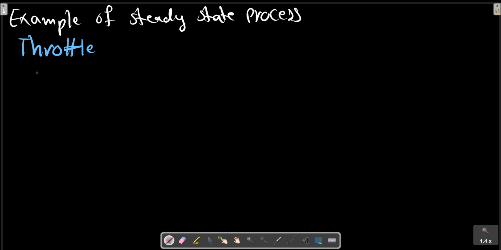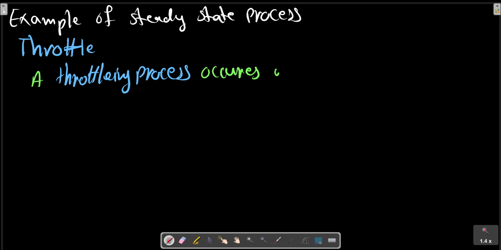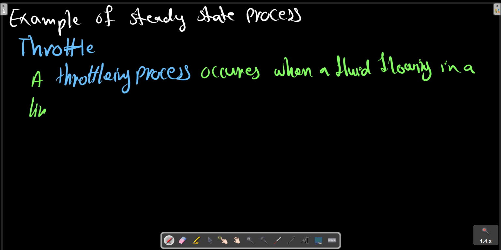A throttling process occurs when a fluid flowing in a line suddenly encounters a restriction in the flow passage.